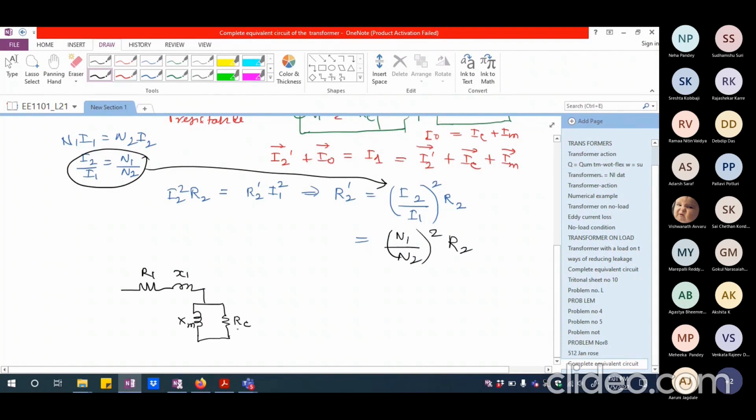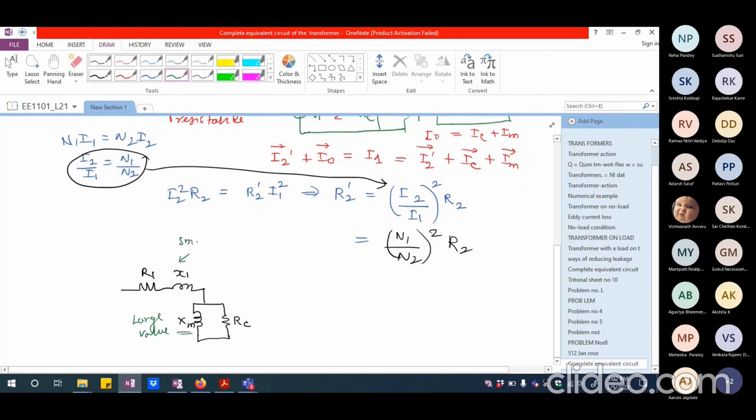And the mutual is generally very, very large in a transformer because you have an iron core. Most of the flux is going to confine itself to the iron core. Hardly there will be any leakage, and you tend to reduce the leakage also by various means, right? By adopting various procedures. So if the leakage is reduced quite a bit, I'm going to have XM to be a large value. This will be a large value.